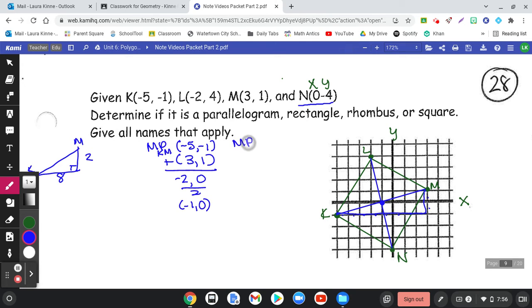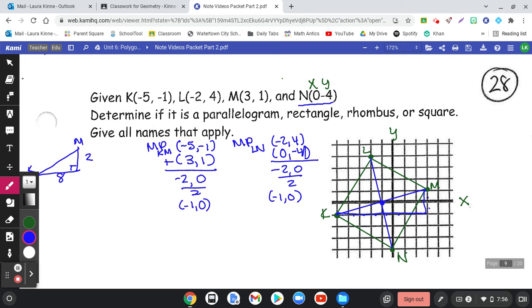Now we'll do the midpoint for LN and show that it's the same. So L is negative 2, 4, N is 0, negative 4. When we add those up, we get negative 2, 0, and when we cut them in half, we also get negative 1, 0.